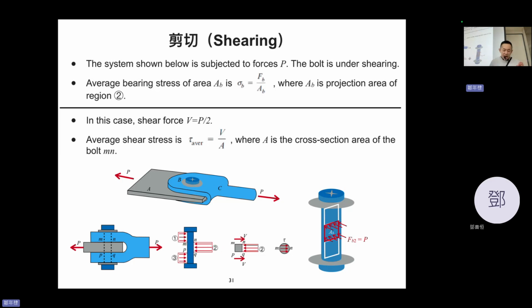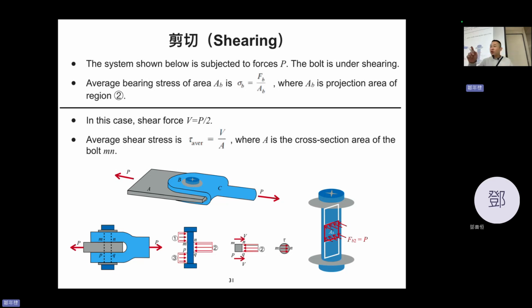So the average bearing stress of area AB for region 2 is this force divided by the area it acts on. Okay, so this is the projection.